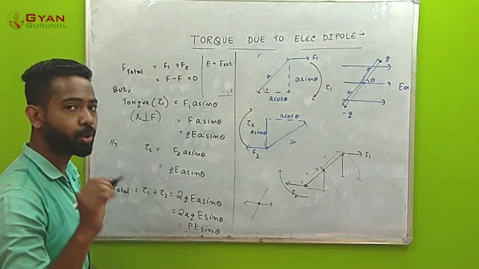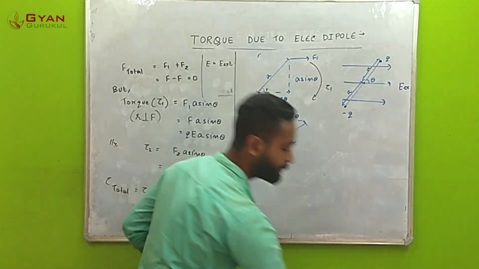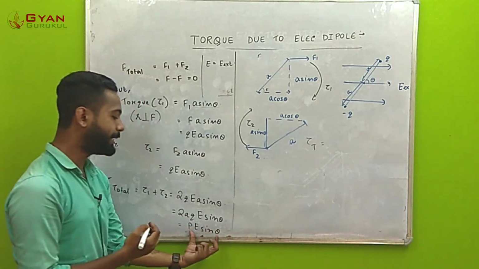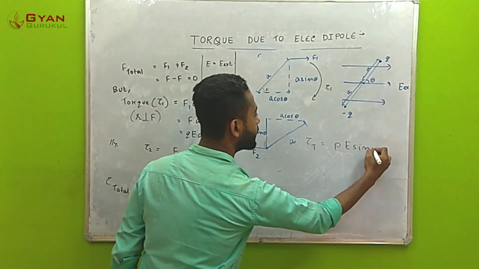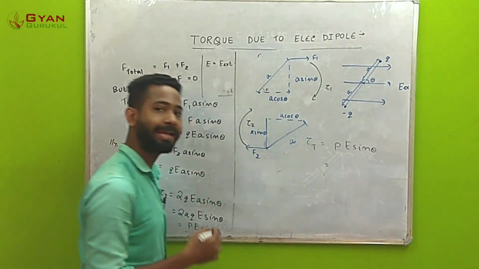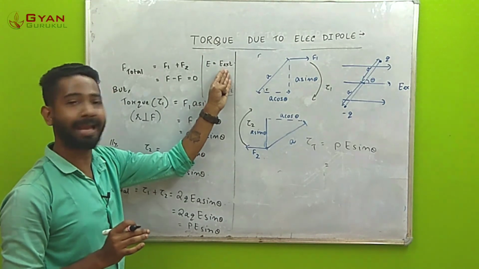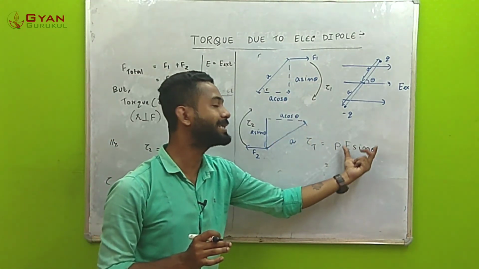So what we have come to know is that the total torque in the system is given by PE sin theta, where P is the dipole moment and E is the applied external field. I have replaced E external by E, and hence the expression comes out as PE sin theta.